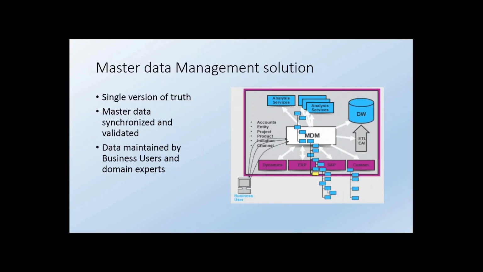So this is how the diagram goes. A business user, a domain expert would be updating it in MDM, and then it will be going to the production data. It won't be directly going into the production data. If there is some change in it, the domain expert will change it in the MDM itself.